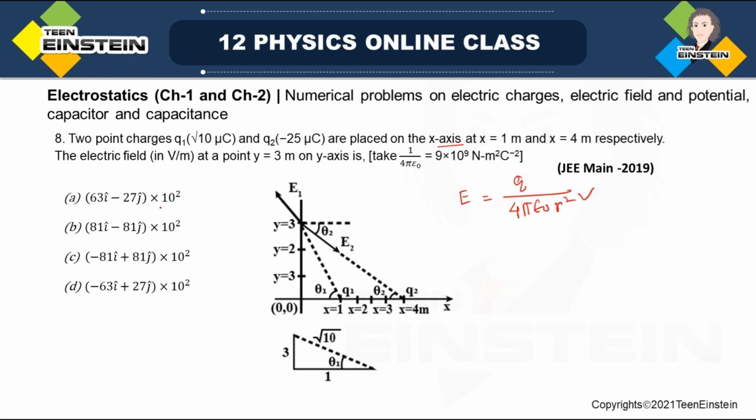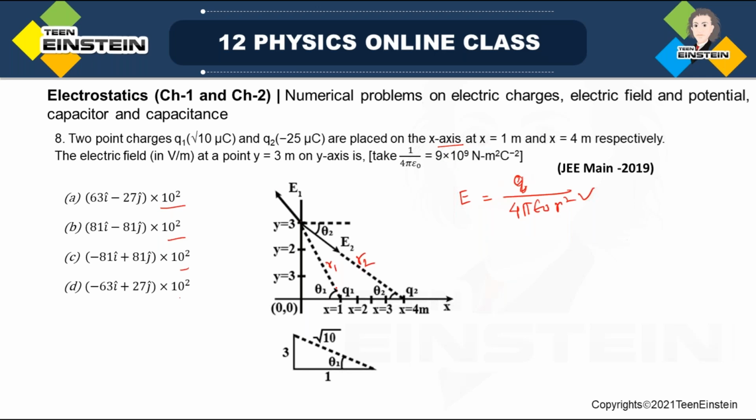So the direction of the electric field due to Q1 charge is away from Q1, and that is this one. This is E1.